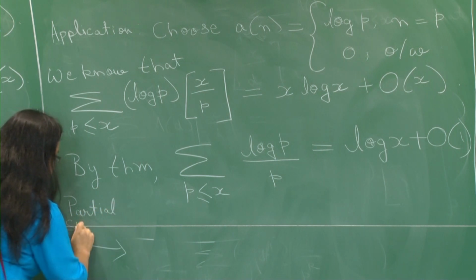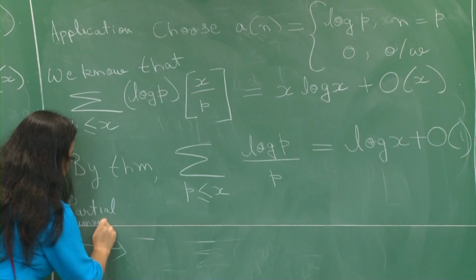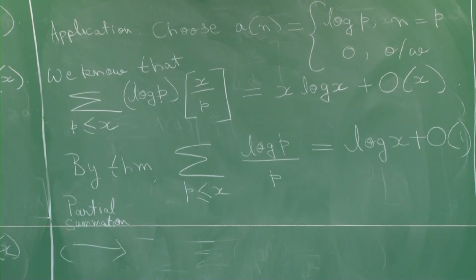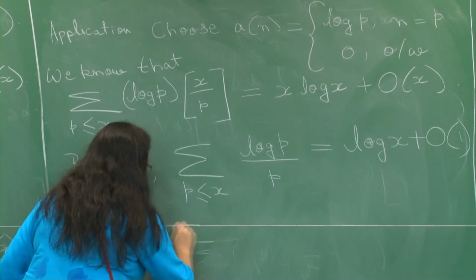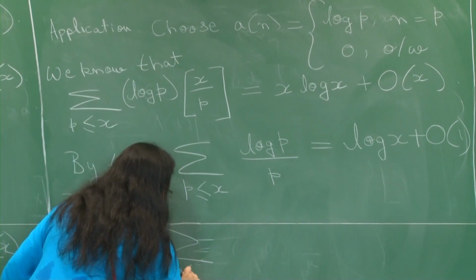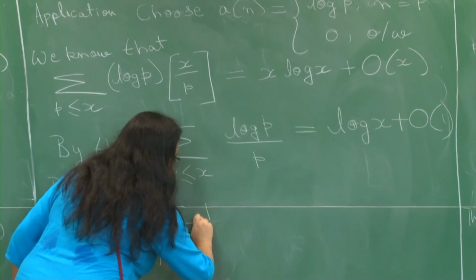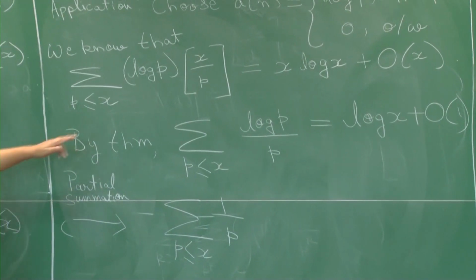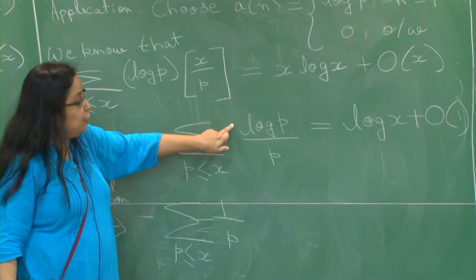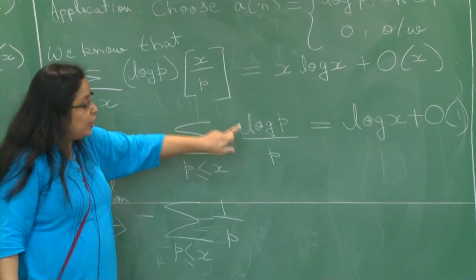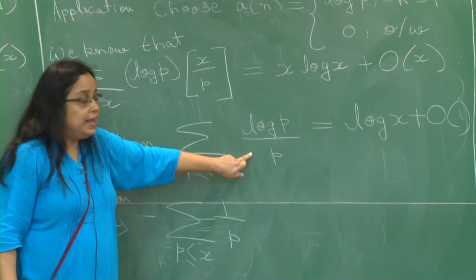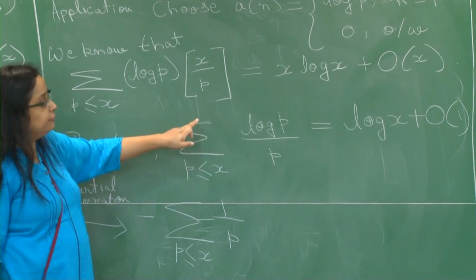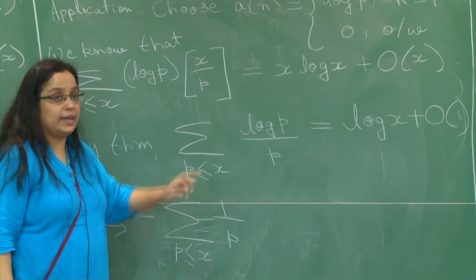It becomes a standard application, and I will let you fill in this detail. Summation of... from this you can derive that summation of 1 over p. How will you apply partial summation? What you can do is you can take A of n to be equal to log n by n if n is a prime and 0 otherwise, and take the function f of x to be equal to 1 by log x.